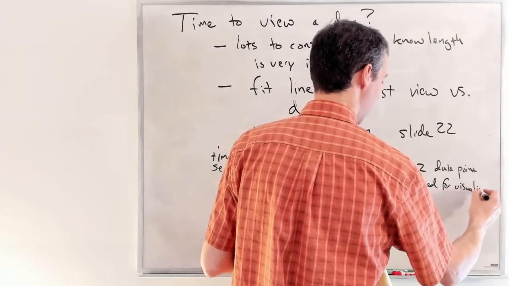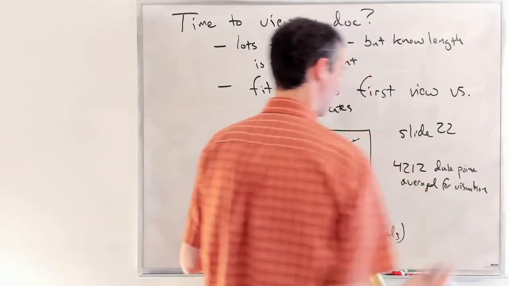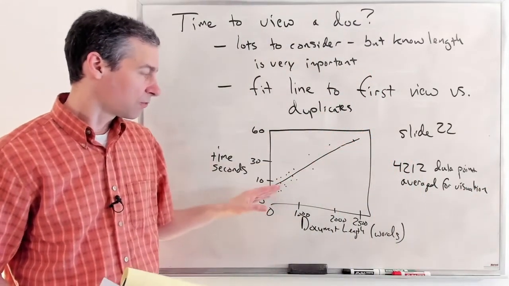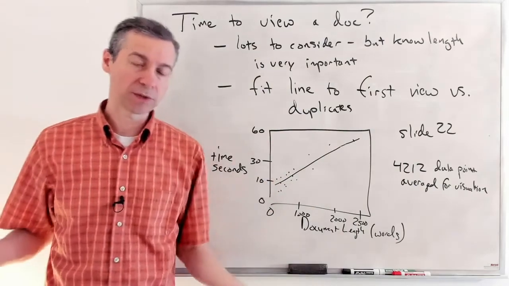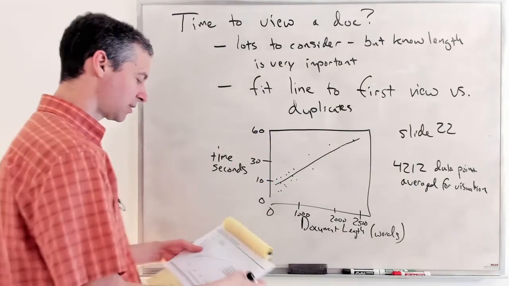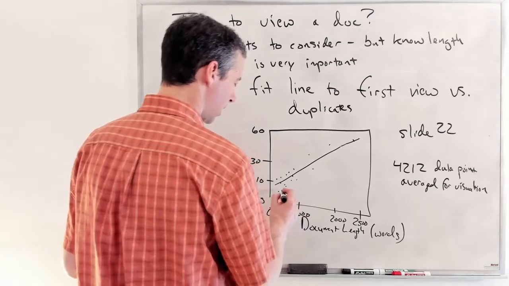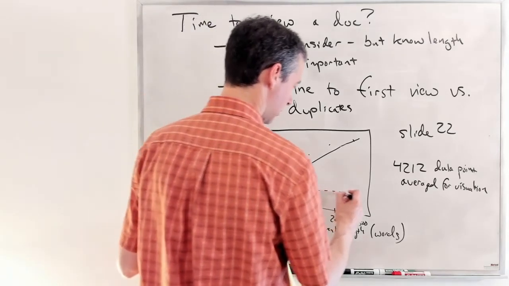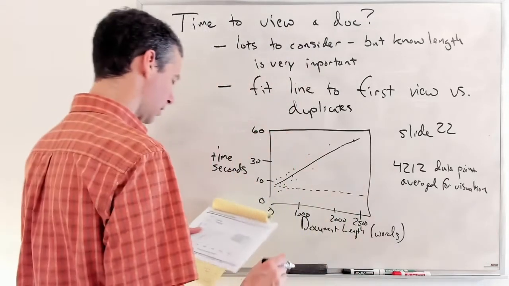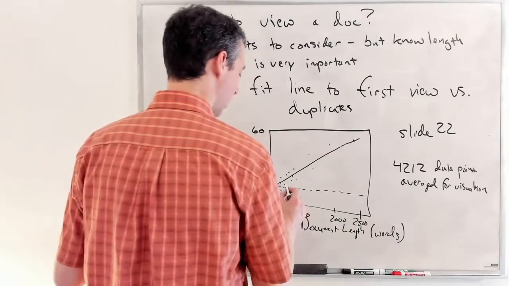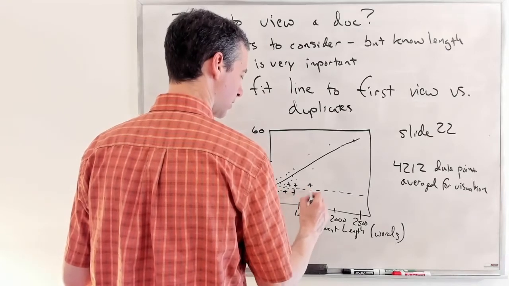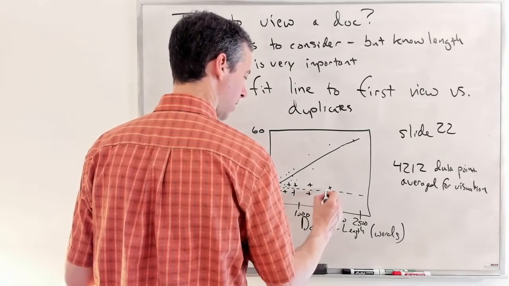That is not what we do to fit. We're not using these averaged points. The fit is actually on the full set of data, but this is just so that we can see. Otherwise, there are too many data points. And then we have this other line here that is a fit for duplicates, and we use little plus signs to represent when people view duplicate documents.